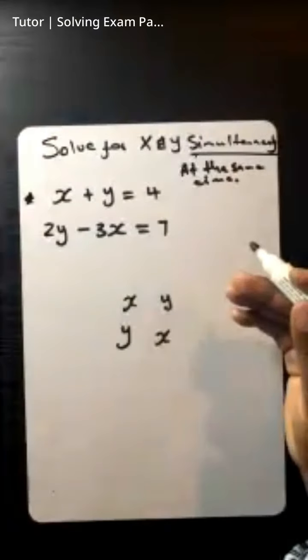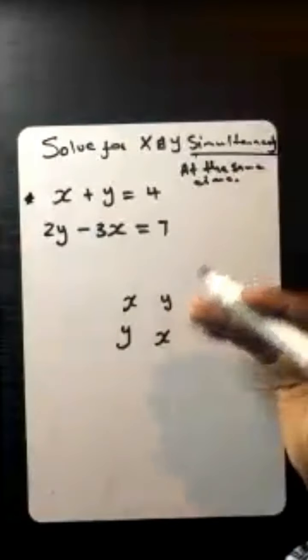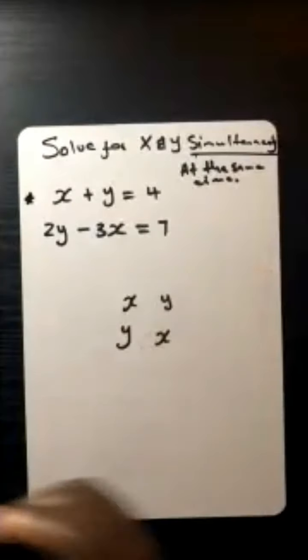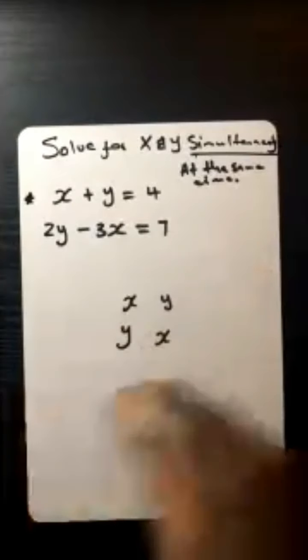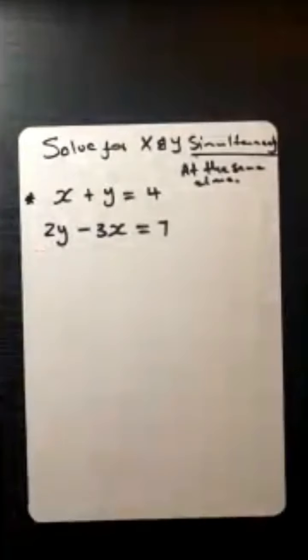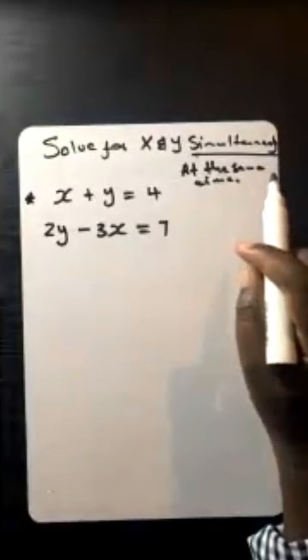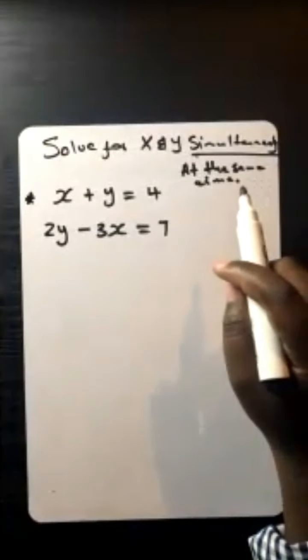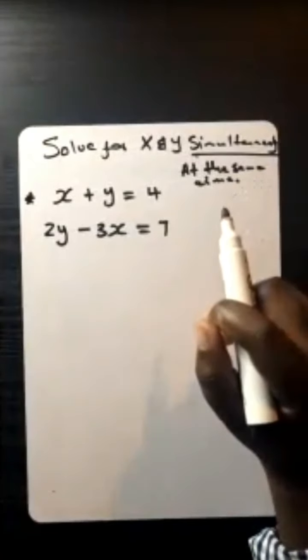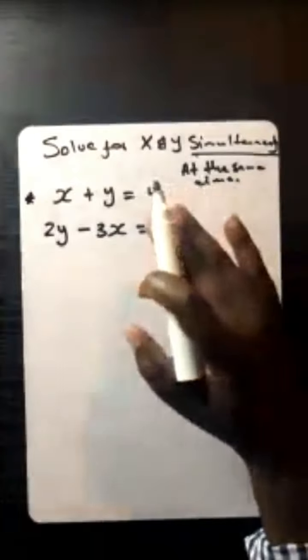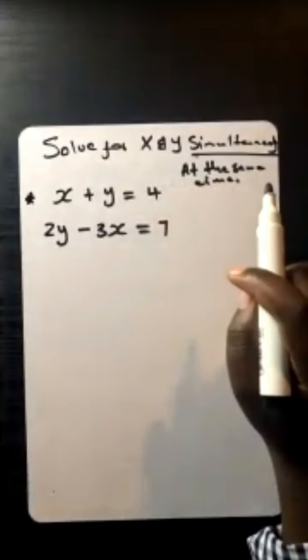It's up to you which one you do first. Because you guys are still in grade 10, they don't give you complicated types of equations. Yours are always easy. You just need to understand the procedure when you solve for these things simultaneously.